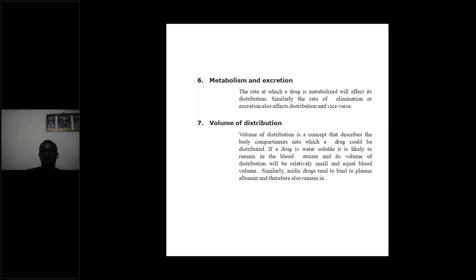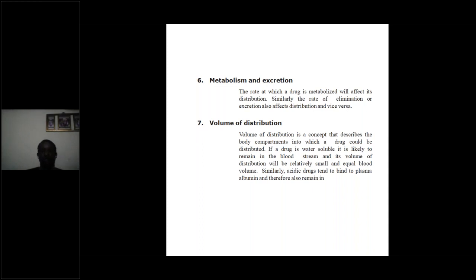it can be in the plasma binding protein. Okay, so we say that if a drug is water soluble, it's highly likely to remain in the bloodstream. We've already mentioned before that if a drug is water soluble, it will be difficult for it to enter the cell membranes. So what will happen is that it will keep on circulating in the blood.